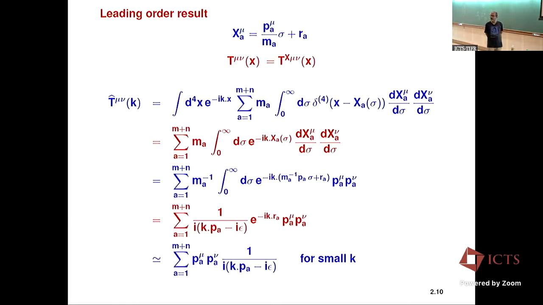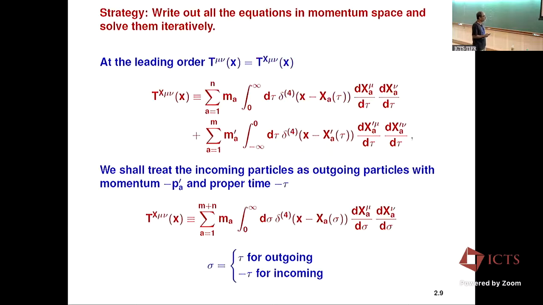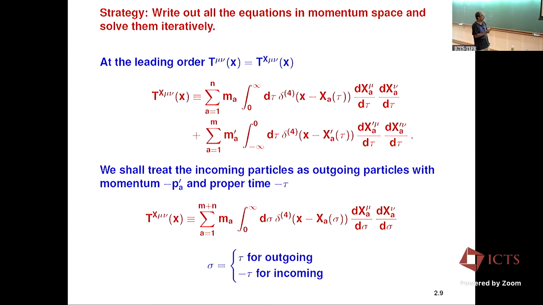You got this result by setting the p prime to minus p. So it's like that factor that you get is actually just 0, in the leading order. No, p is not p prime is minus p. See, the point is here there is a sum from 1 to n and then there is a sum from 1 to m. All we are saying is that this sum will extend to m plus n, and the n plus 1th p we define as minus p prime 1, the n plus 2th p we define as minus p prime 2, and so on.